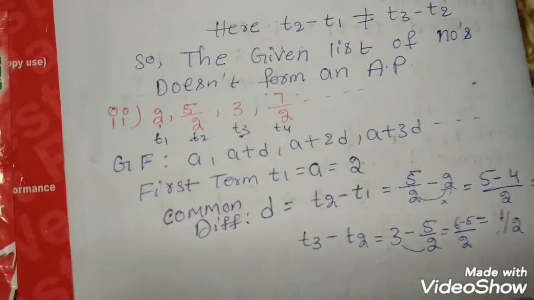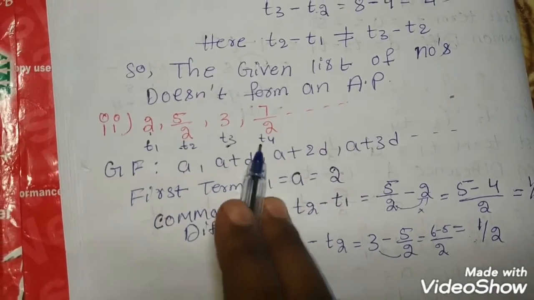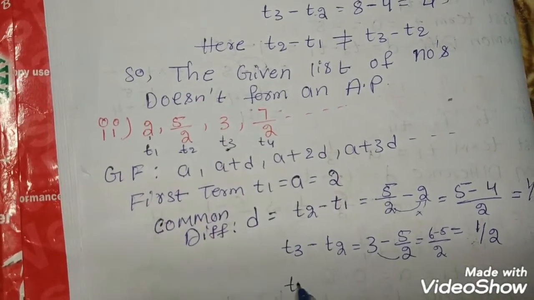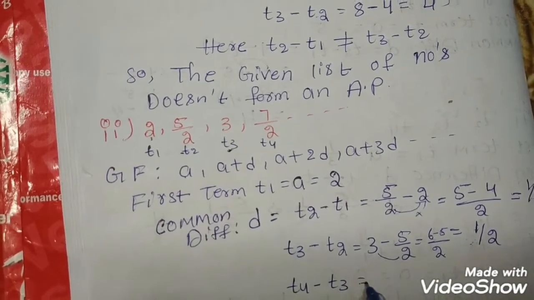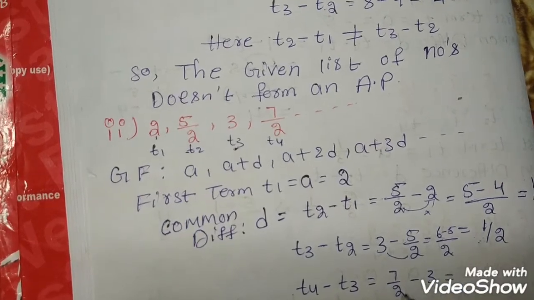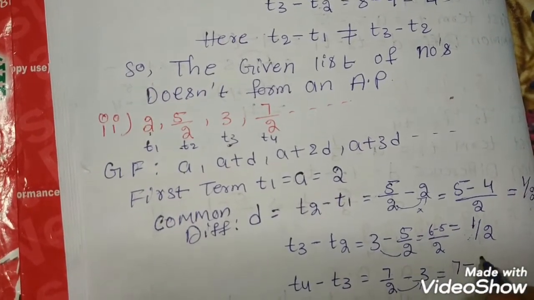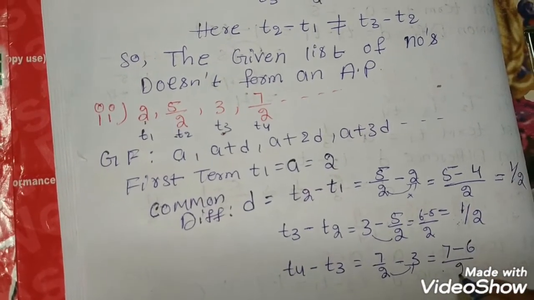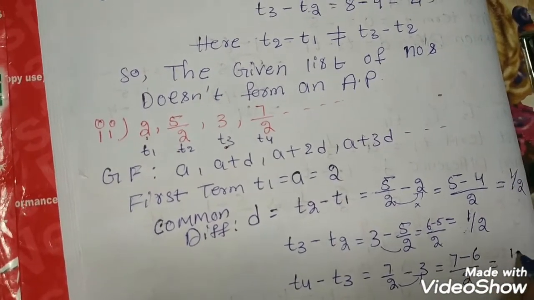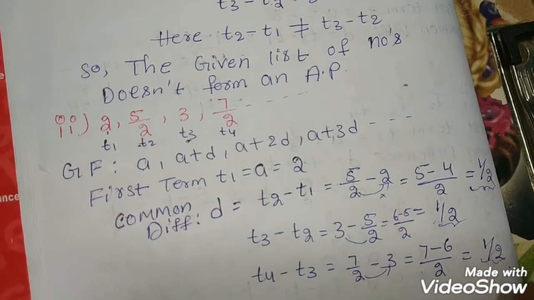If you still have a doubt, then check T4 minus T3. T4 is 7 by 2 minus 3. Multiply: 7 minus 2 threes are 6, divided by 2. 7 minus 6 is 1 by 2. We get a constant term 1 by 2, 1 by 2, 1 by 2.